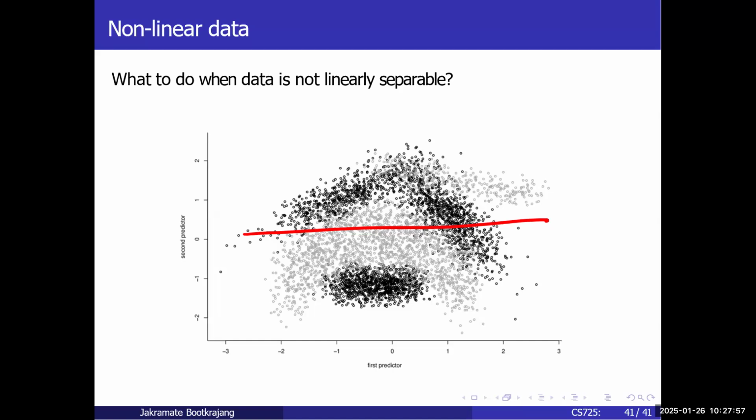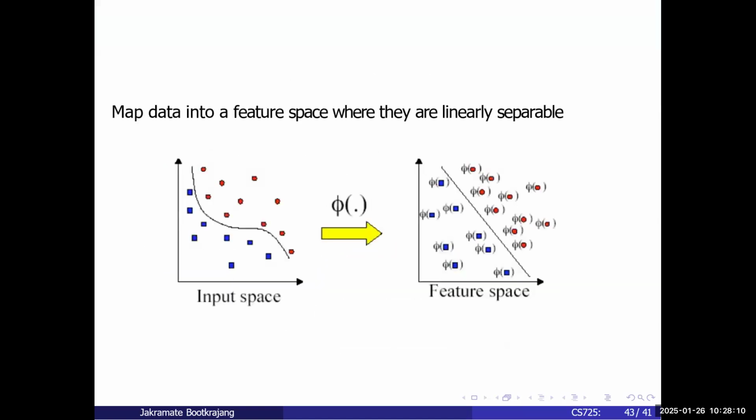Maybe the data can be separated in 3D. In 3D, you just cut the plane and perhaps there is some property that can separate them. So basically, we want to transform the data using some function. And this function is called a kernel. A kernel is a function that transforms the data into a higher dimension.